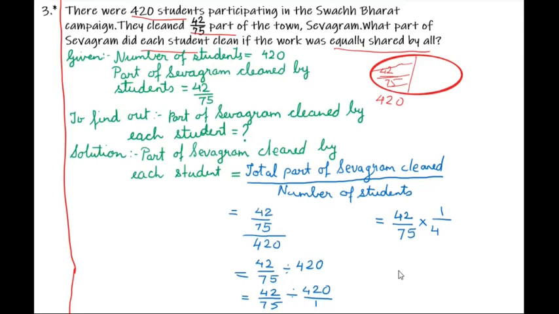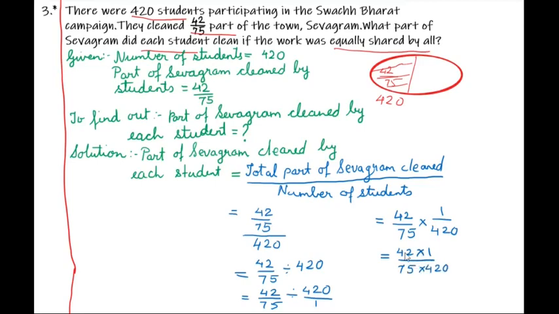Okay. Now, just see at the numerator and this denominator. Are they somewhat similar, 42 and 420? They will be divided. See, I'll just write and take numerator multiplied by numerator. 42 into 1 upon 75 into 420.